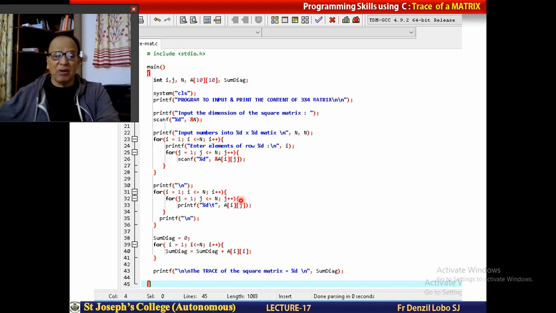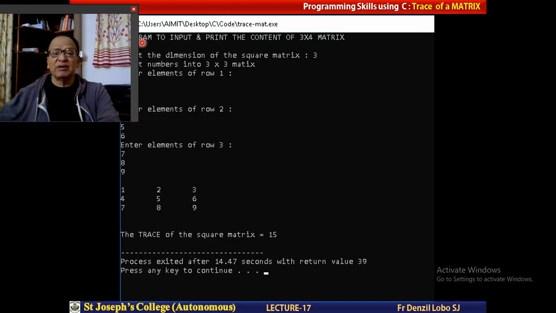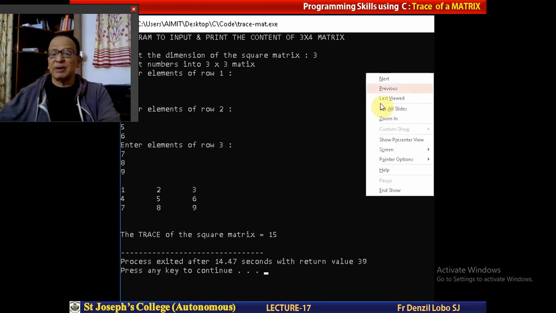Then we print the content of the matrix. Then sum diag is equal to 0, then sum diag is equal to sum diag plus Aii. We come out of the loop and note down the sum, or the trace, of this matrix.